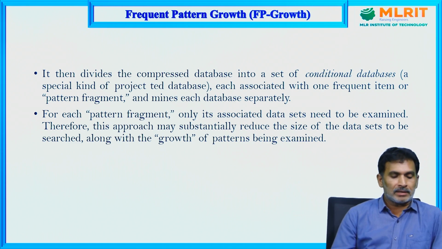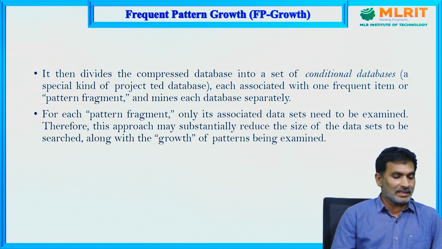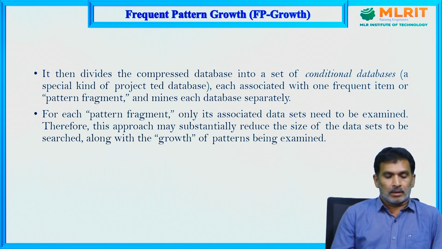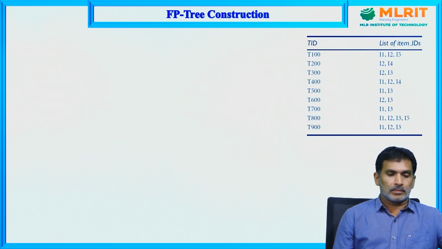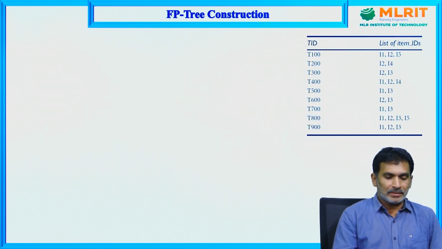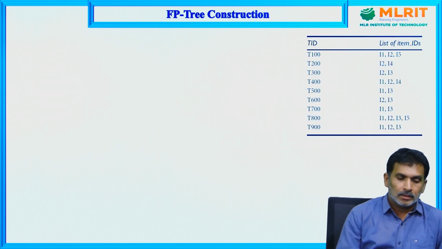For each pattern fragment, only its associated data sets need to be examined. Therefore, this approach may substantially reduce the size of the data set to be searched, along with the growth of the patterns being examined.